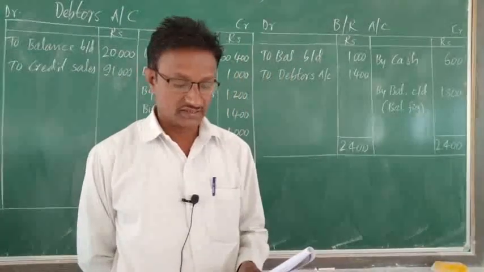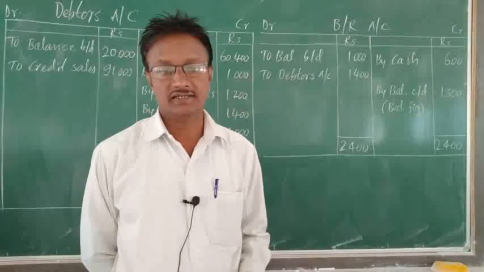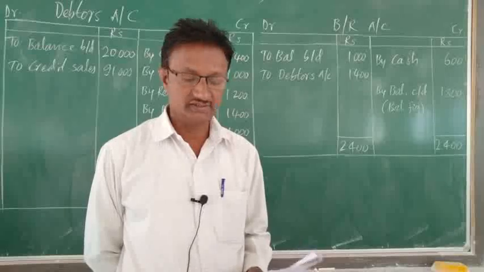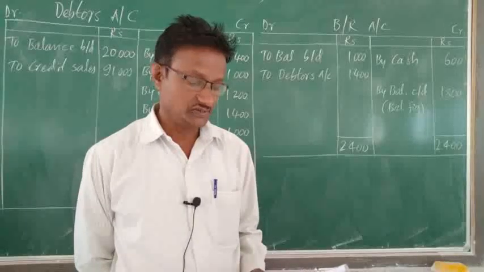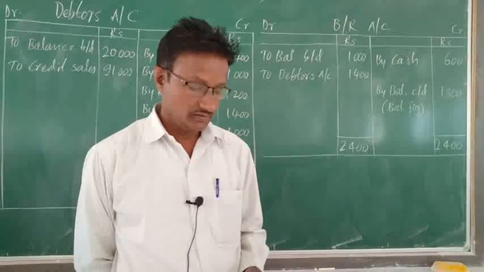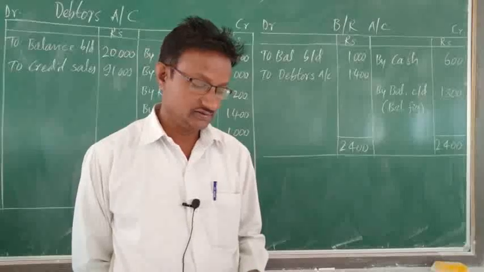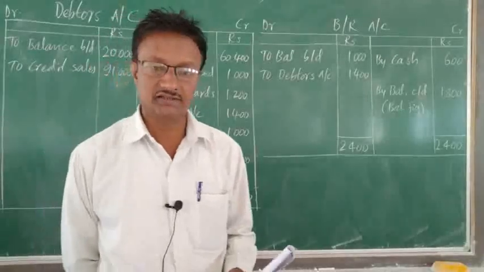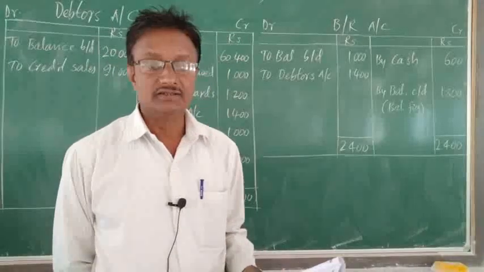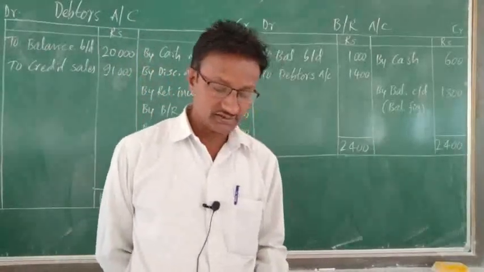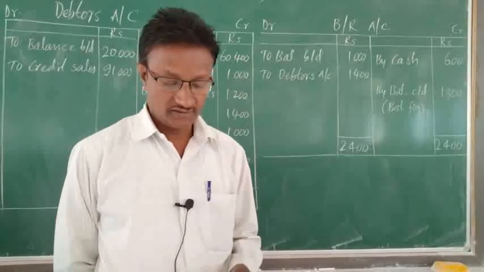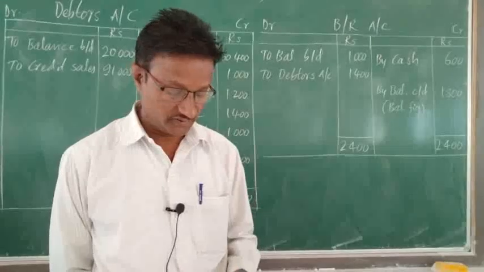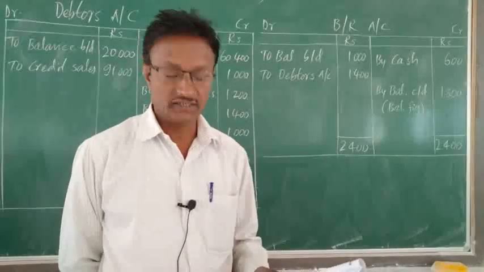First, the statement of affairs as on 1/1/2017 is given. Here we know the opening capital is 89,400. Next, the summary of cash book, that is cash account for the year 2017, is given, and also other information.